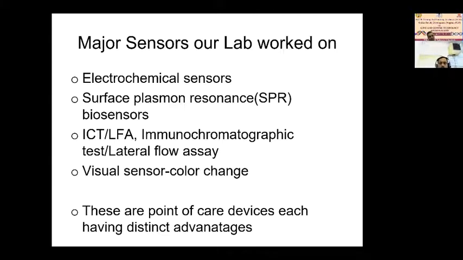Then the surface plasmon resonance sensors. This technique was also developed in the late 80s, around 1989, by the Biolin... group in Sweden, and later acquired by many companies worldwide, and now one of the leading companies in the world has developed many lab-based sensor platforms.